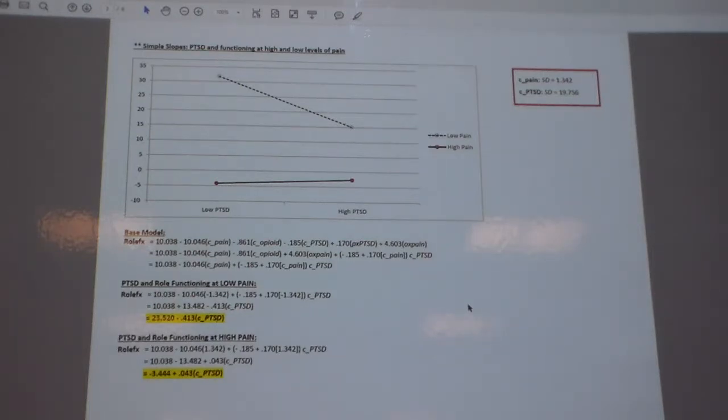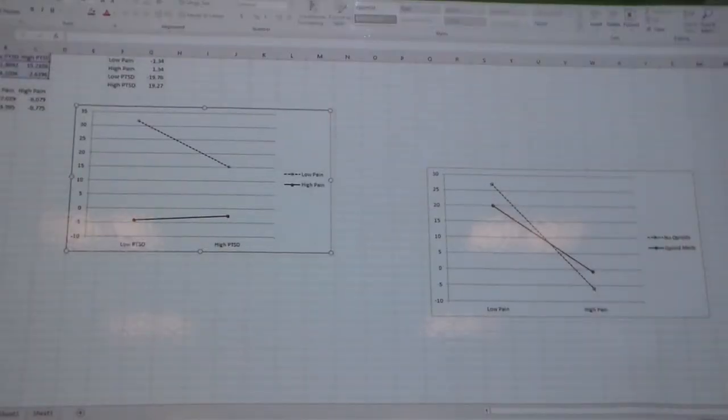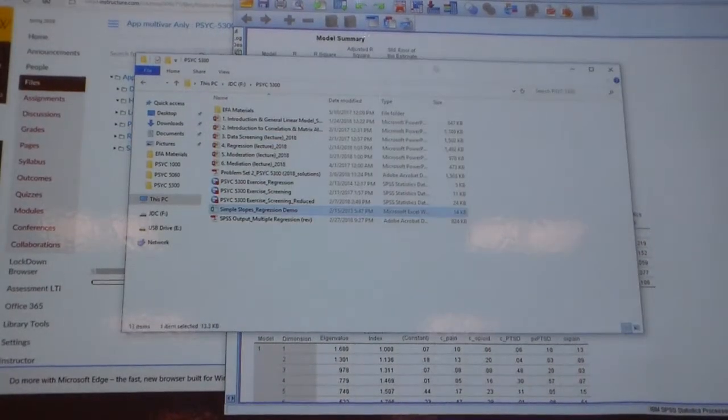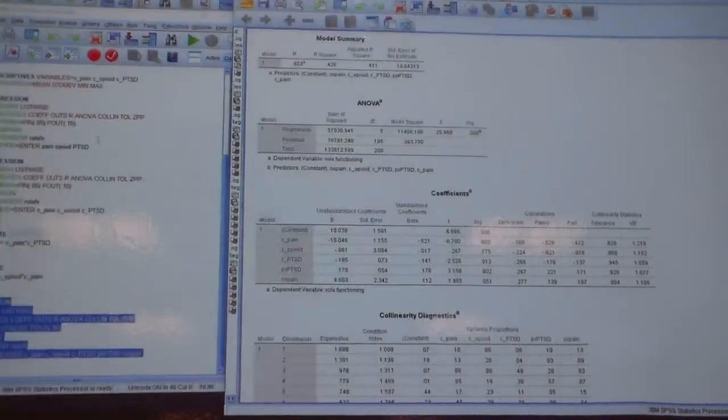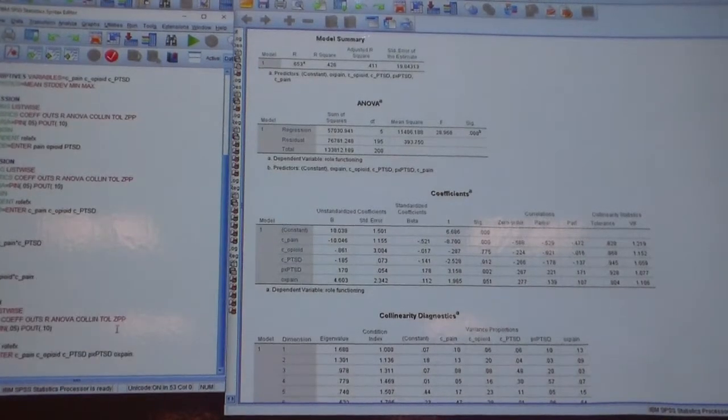This is where I need to go back in and start working through, jump back into SPSS. So what I'm going to do is test my simple slopes at high and low levels of pain, okay?